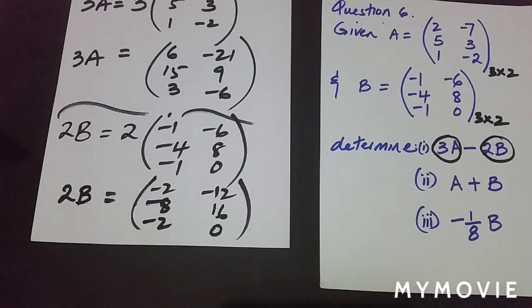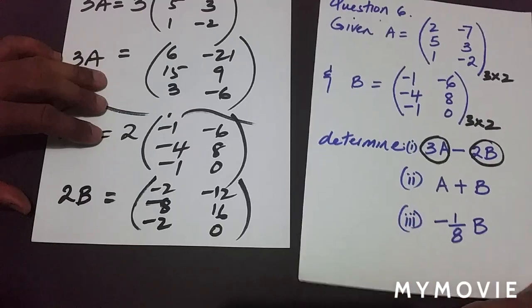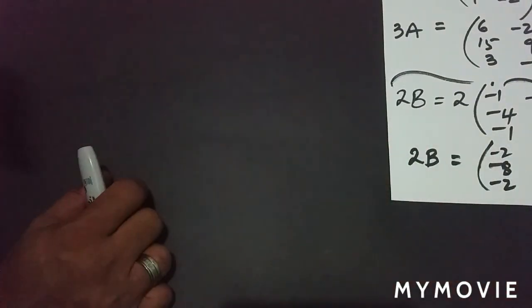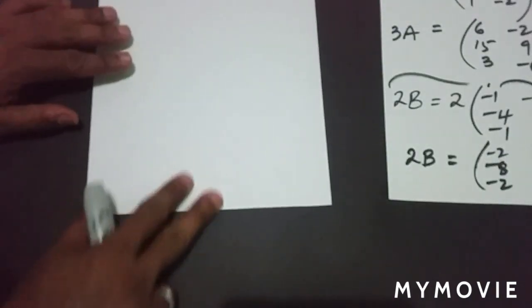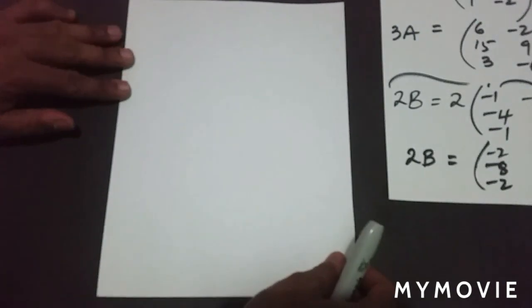Okay? So I'm just going to move this out of the way a little bit to complete part 1. So seeing that we have both 3A and 2B, we now need to do the subtraction between both of them.